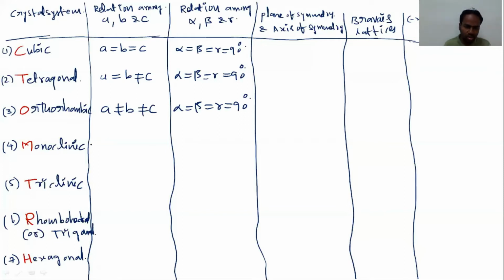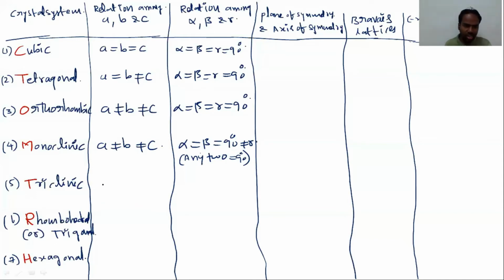Coming to monoclinic, the unequal edge lengths are completed, then make one inequality in angles. Alpha is equal to beta is equal to 90 degrees, that is not equal to gamma. Whether it is alpha and gamma, or alpha and beta, or beta and gamma, any two are equal to 90 but the third one is not equal to 90.